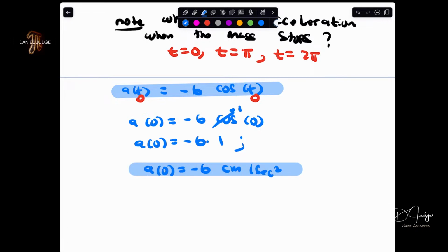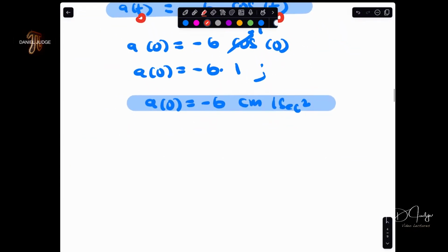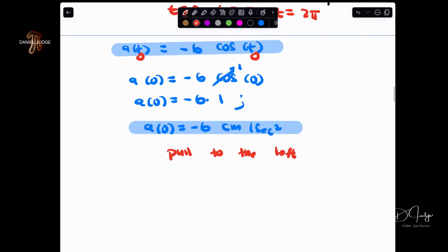It's popular because your acceleration is negative. That means it's being pulled in the negative direction. And in this case, pulled to the left. Yes, because it's negative, you're pulled to the left. So even though the particle is stopped at that time, it's being pulled to the left.